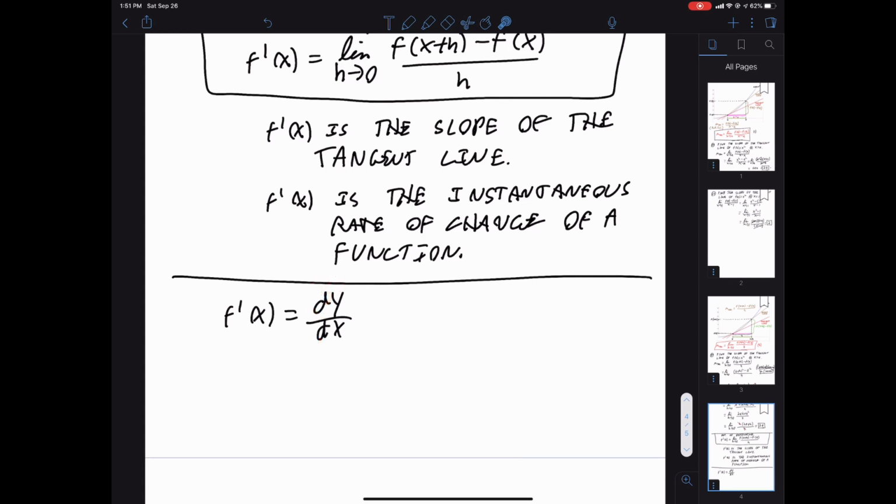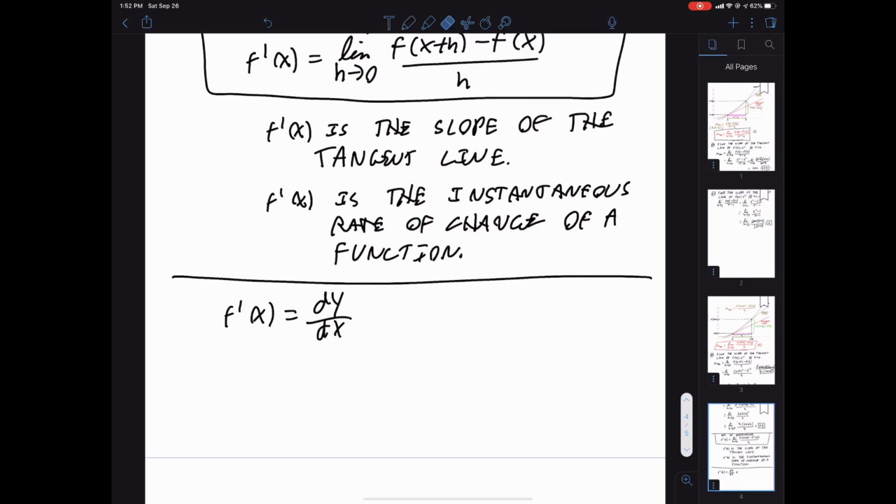The d is what happens in the limit as that distance approaches 0. The limit as h approaches 0 or x approaches a, that distance approaches 0. So when you use that little d, it's implying an infinitesimally small change in y, and the dx, an infinitesimally small change in x. So therefore, instead of being an average rate of change, dy dx is an instantaneous rate of change. It's implying an infinitesimally small change in y and x.